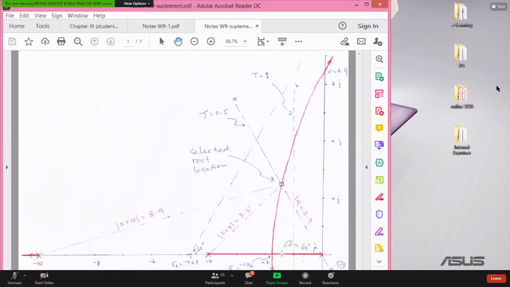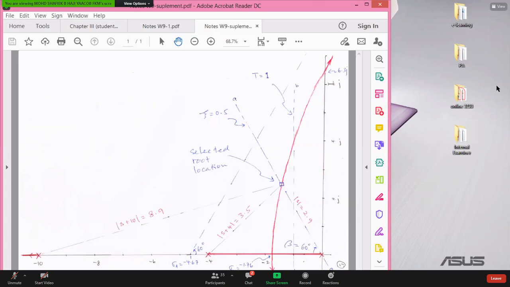You know that your locus is going to break away at that point, and it's going to leave the real axis at a 90-degree angle. It's going to go straight up, and then finally it's going to approach the asymptote line. When k is getting bigger and bigger, you're going to go to the right of the imaginary axis.